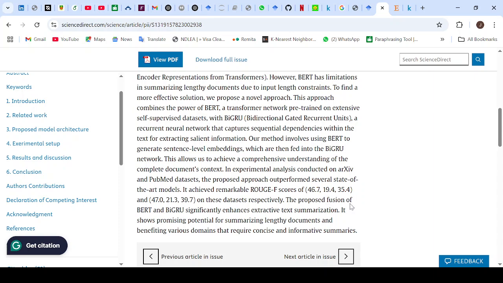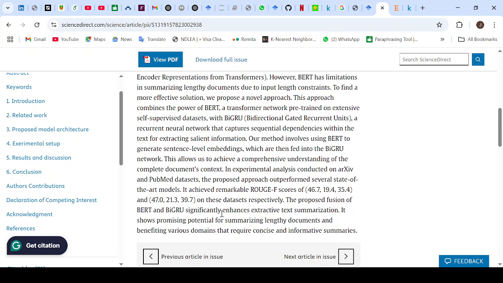The proposed fusion of BERT, bidirectional encoder representation from transformer, and BiGRU, which is a recurrent neural network technique known as bidirectional gated recurrent units, is what is used in this research.